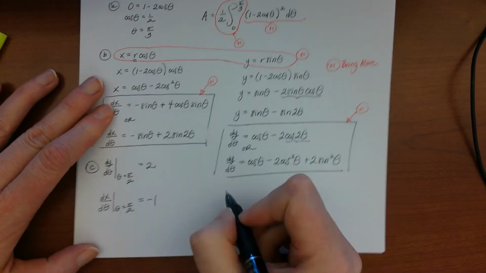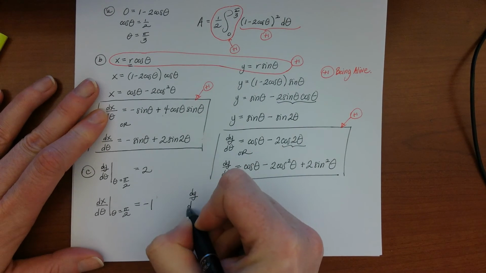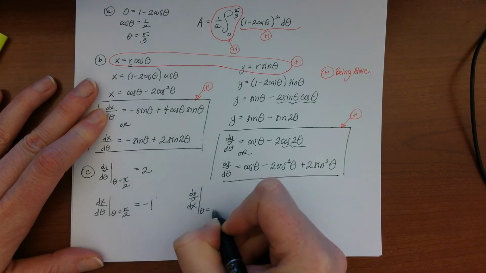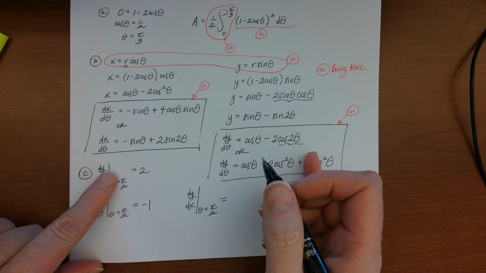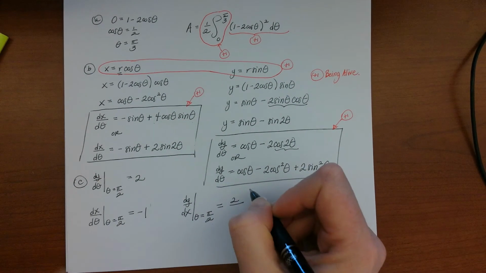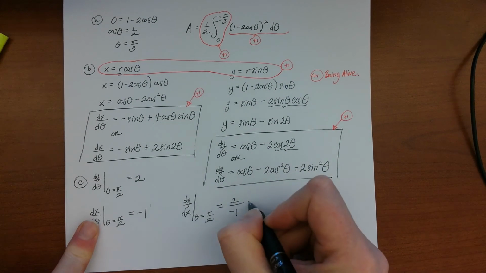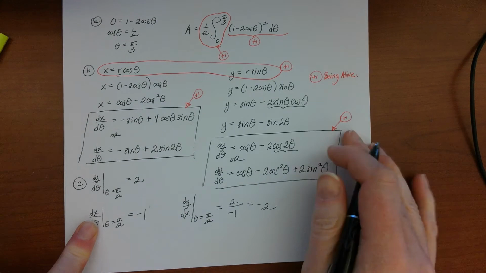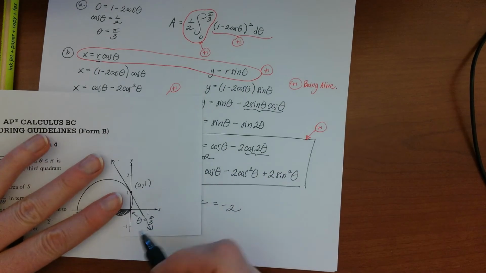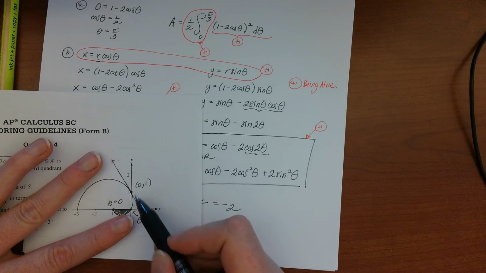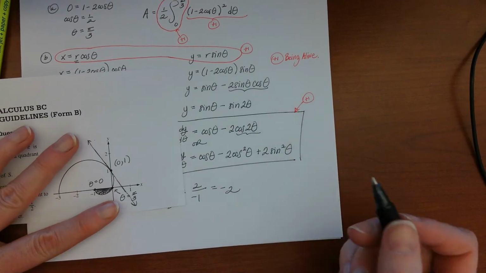Okay, so we wanted to know what dy dx is when theta is pi over 2. Well, it would be dy d theta divided by dx d theta. There we go. So we know that the slope of that line is -2, and it's kind of believable with the picture, so that's always nice.